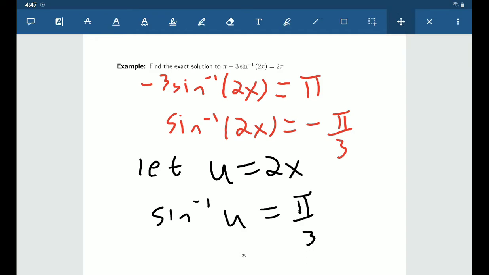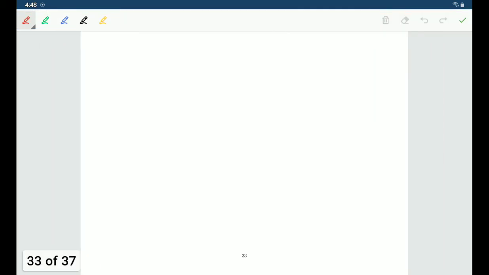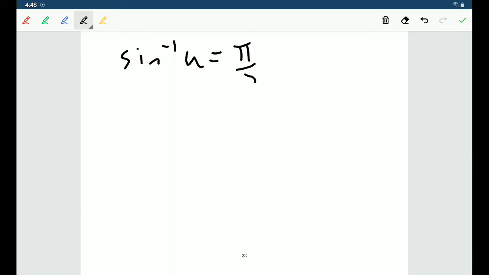Now we're going to rewrite that as a trigonometric equation. Because if sine inverse of u is negative pi over 3, then switching the inputs and outputs, sine of negative pi over 3 should be equal to u.